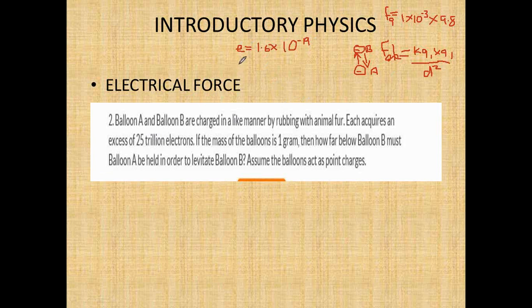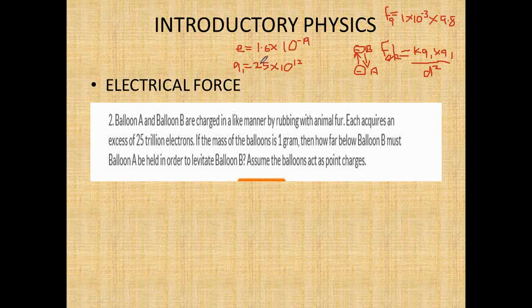So the charge on the balloon is called Q, and each balloon is charged to the same amount. So the charge on the balloon is 25 trillion, and a trillion is 10 to the power 12, times the charge on each single electron.